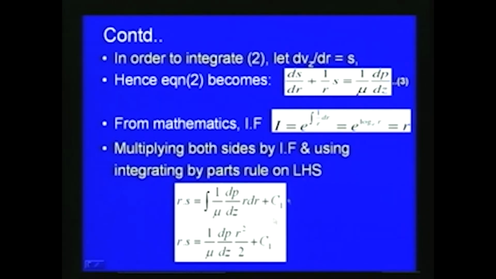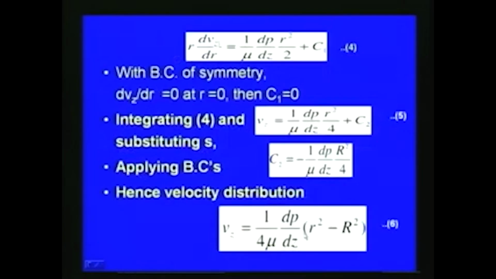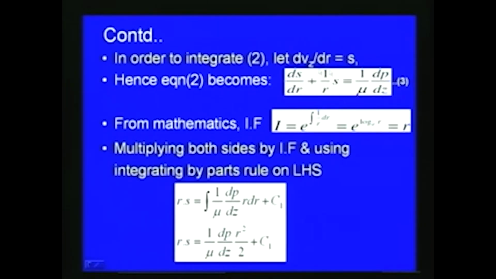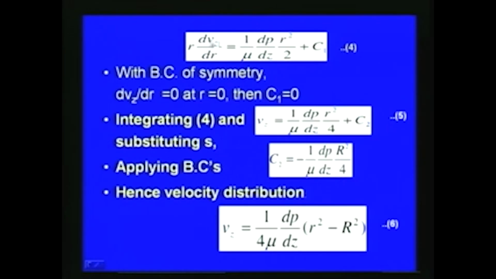So finally equation number 3 is transformed as this equation here. After substituting for s, we can write r into dVz/dr is equal to 1/mu dp/dz r²/2 plus C1, as in equation number 4.